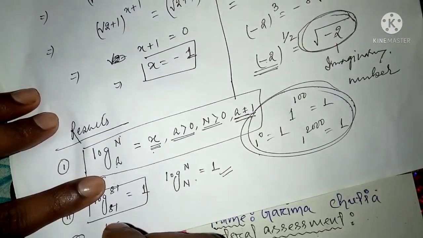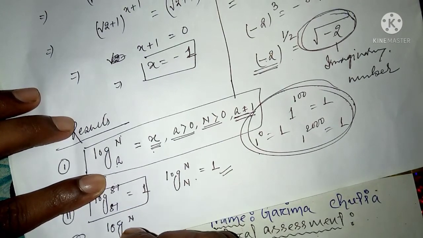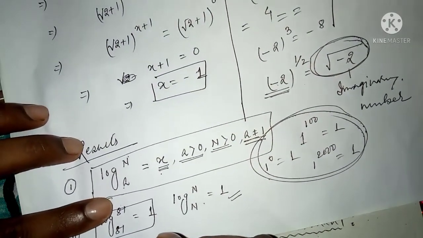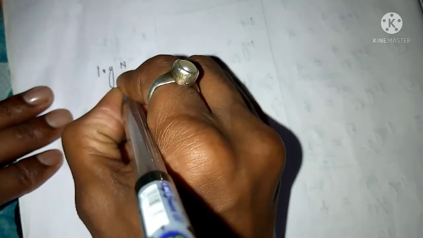So the other result will be log of n, where the base is 1 by n.